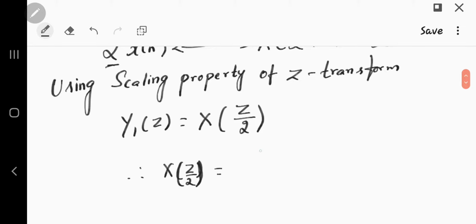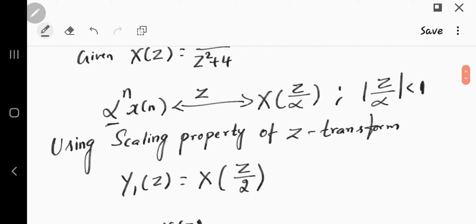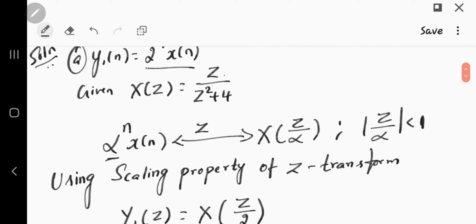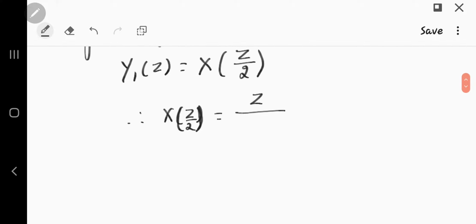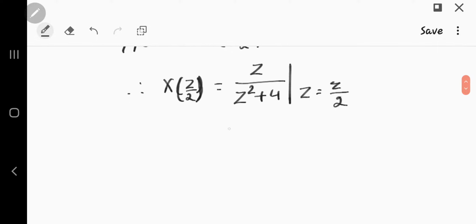is equal to, now replace this z here with z by 2. To make that step simple, I am going to write it in this way: x of z is z divided by z square plus 4, where z is replaced by z by 2. Now if you replace this, you will get z by 2 divided by z by 2 whole square plus 4.